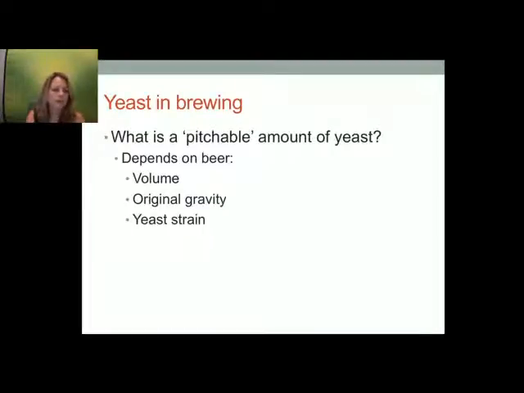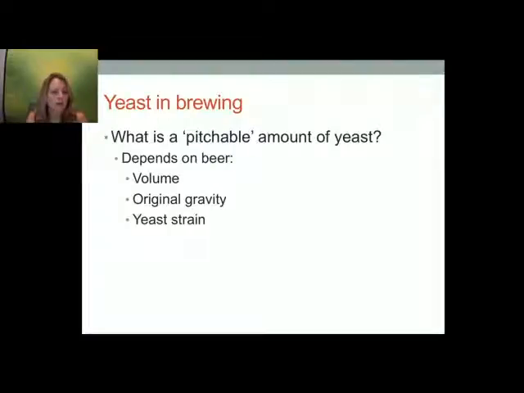So, what is a pitchable amount of yeast? When we say a pitchable amount, this usually includes the volume and concentration of yeast cells necessary to ferment a specific volume of wort. It can depend on certain factors, including volume, as making 1 barrel of beer versus 15 barrels of beer will obviously require different amounts of yeast.